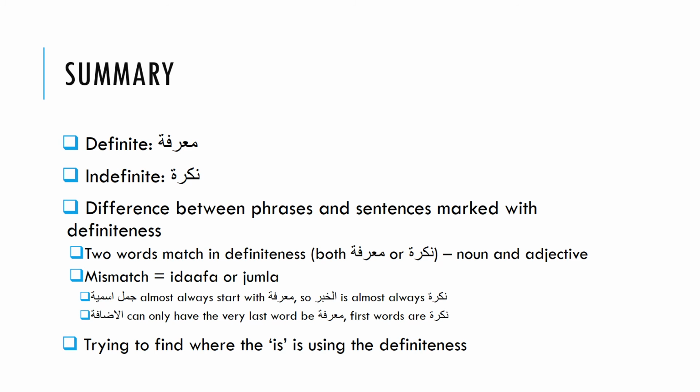We've learned that the rule for jumla is that normally we have ma'rifa followed by nekira, and we know that for an idafa, the first words are going to be nekira, and finally you'll get ma'rifa. And then the reason this is all very important is because this gives us a clue as to where the "is" would go in a sentence using those definiteness clues, even if we don't know what it means.